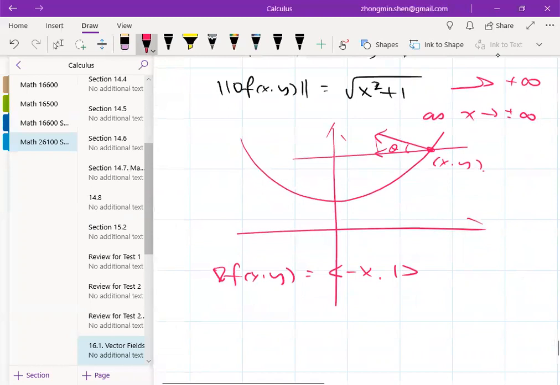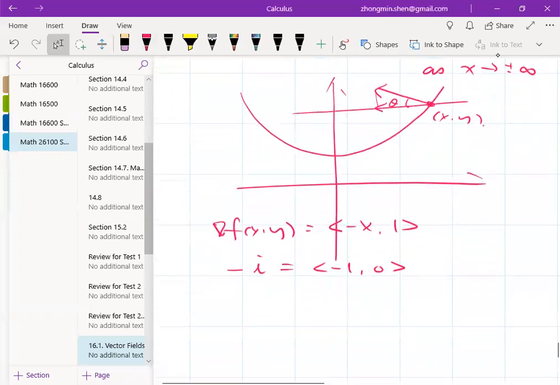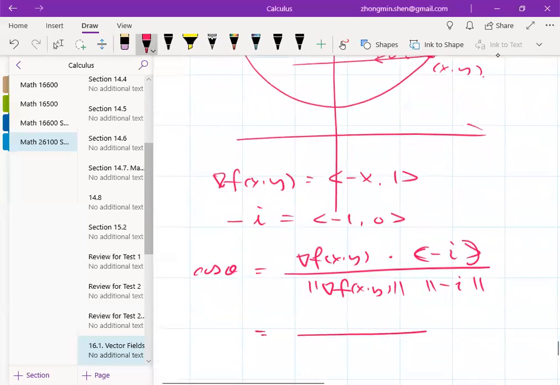The cosine of theta is going to be the inner product of these two: negative x and 1 dot product with negative 1 and 0, divided by the square root of x squared plus 1.